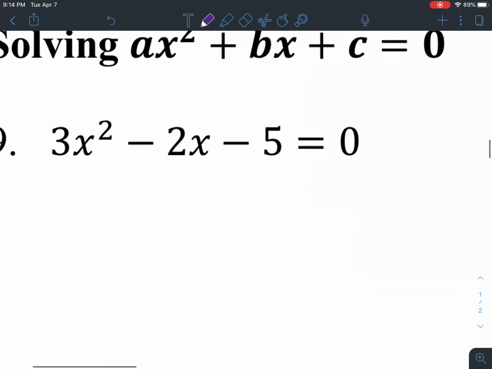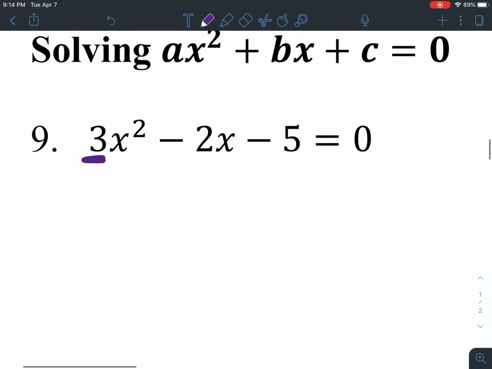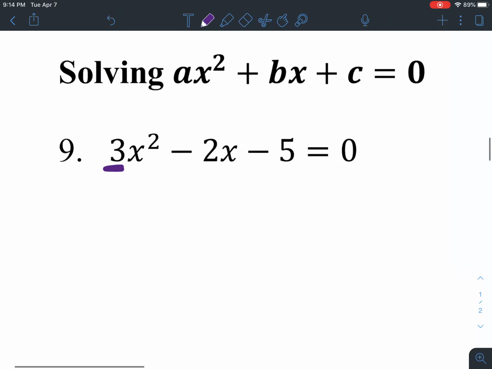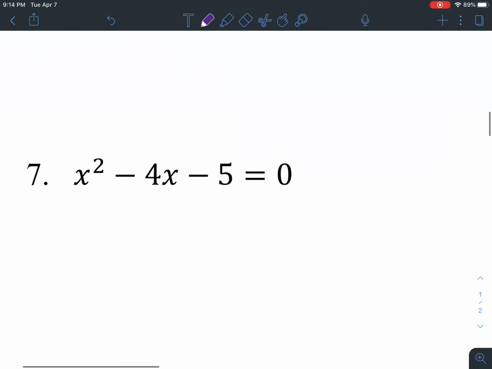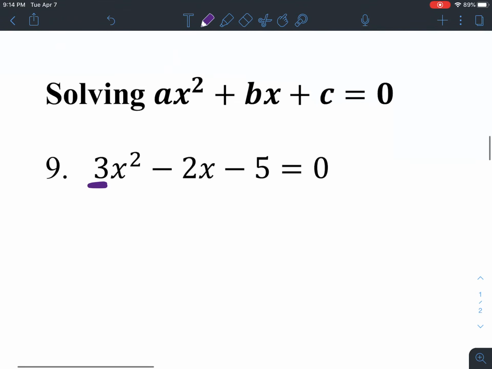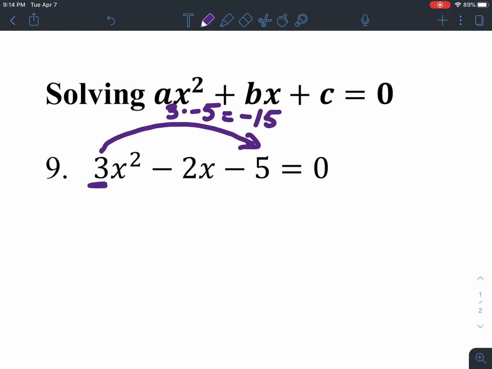Remember that when there is a number in front of the x squared, there's a different factoring method we have to do. We take that number in front, and we ideally want to get rid of it. It's easier to factor when we don't have it. So what we do is we take that number and we multiply it to the back number. 3 times negative 5 is negative 15.